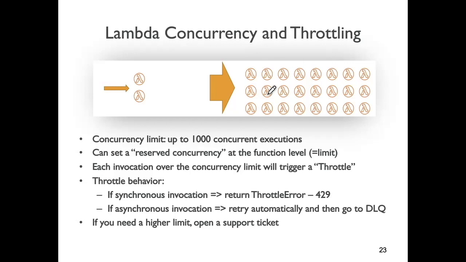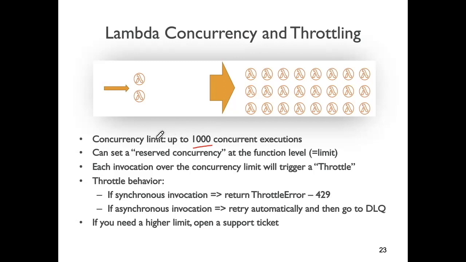Now, there is a limit though, and the limit that the AWS people arbitrarily decided was that any AWS account cannot have more than 1,000 Lambda instances running concurrently, whether that be all of the same Lambda or of different Lambdas. Your total number of Lambda instances running at any particular point in time cannot exceed this upper limit of 1,000. That's just a decision that they made. You can actually request that the limit be increased. You can make a special request to AWS, and this would be a fairly standard thing for large organizations, but certainly not in our case.